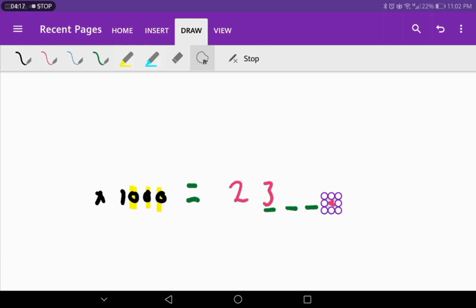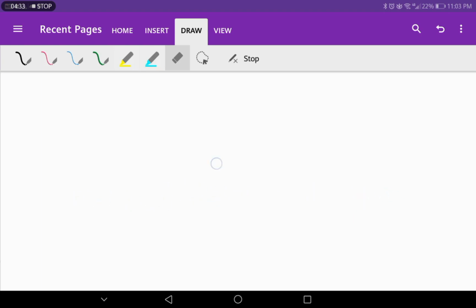How many empty places I have? 2, so fill it with zeros. So the answer is 2300. We can put 0 for decoration. It is up to you, my dear student. Okay, are you happy?